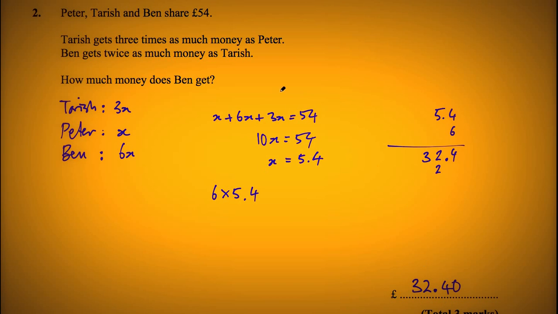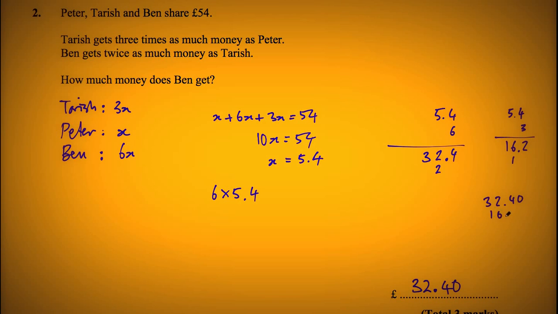Of course, I could check that the others make the whole thing add up to 54. Tarish gets £16.20, and Peter just gets the X amount, which is £5.40. So they should all add up to £54 in the end.